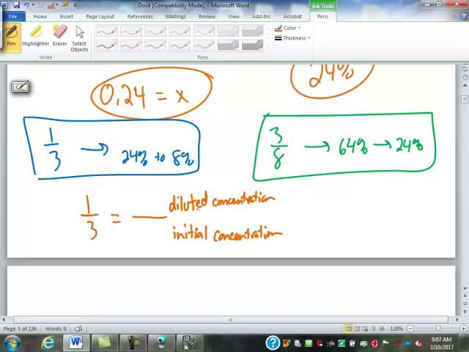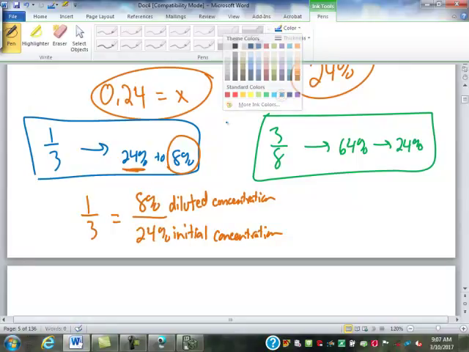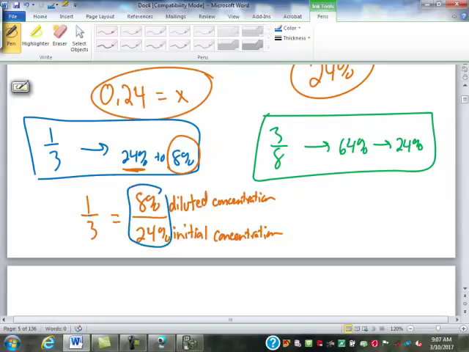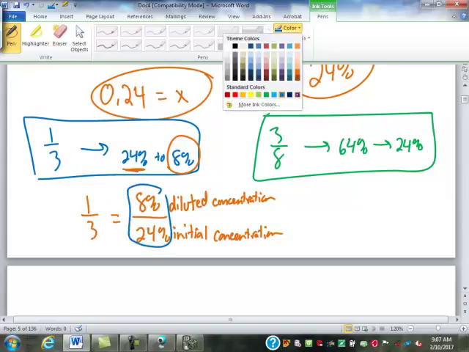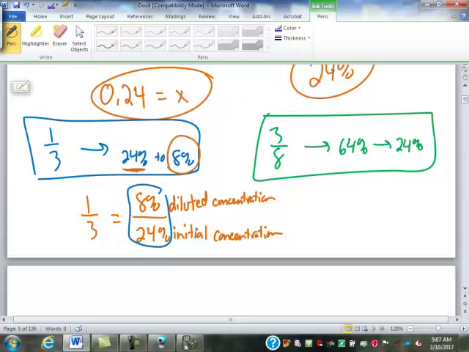So the diluted concentration after the dilution was 8%. Before was the 24%. And you can see I can reduce that down, 8 over 24, to 1 in 3. So probably the simpler way of looking at this, rather than using the technical terms diluted and initial or concentrated, the top one is the after the dilution. The bottom one is the before the dilution.